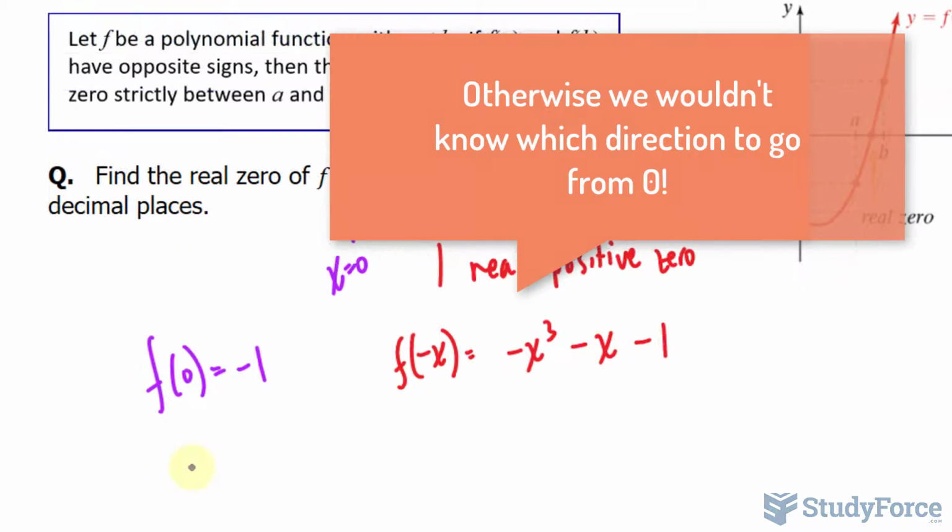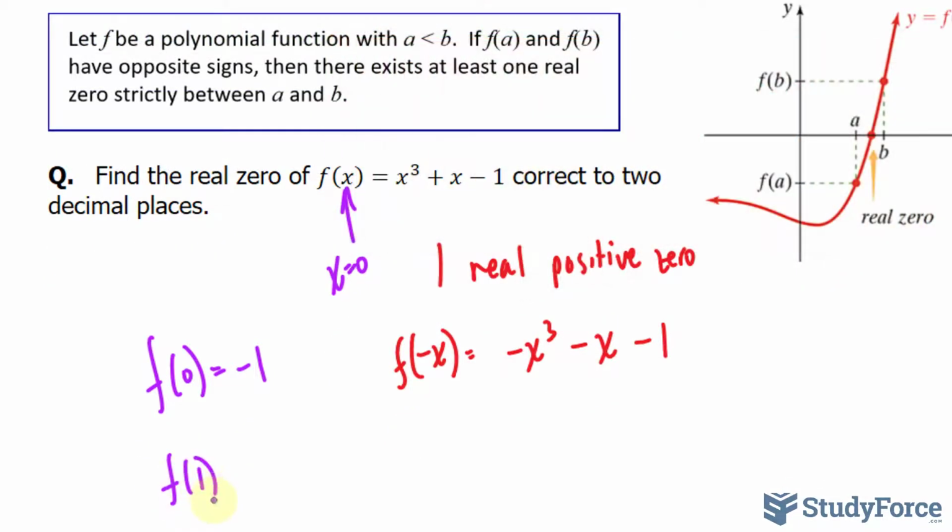So, if I substitute 1 into my function, 1 to the power of 3 is 1, plus 1, that's 2, minus 1 is 1. As you can see, between 0 and 1, there is a change in sign. At 0, it's negative 1, and at 1, it's positive 1. This means that something between 0 and 1 will be our root.